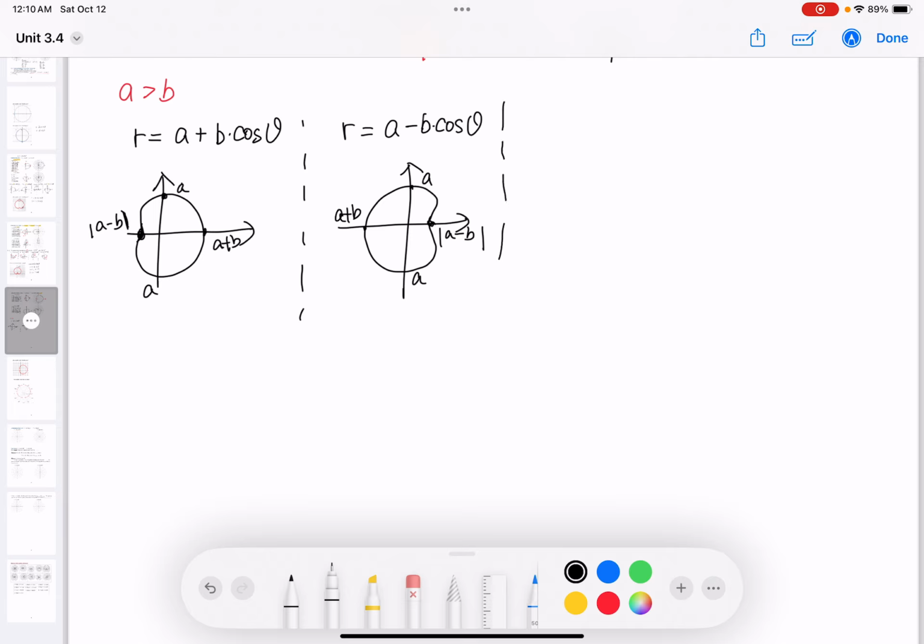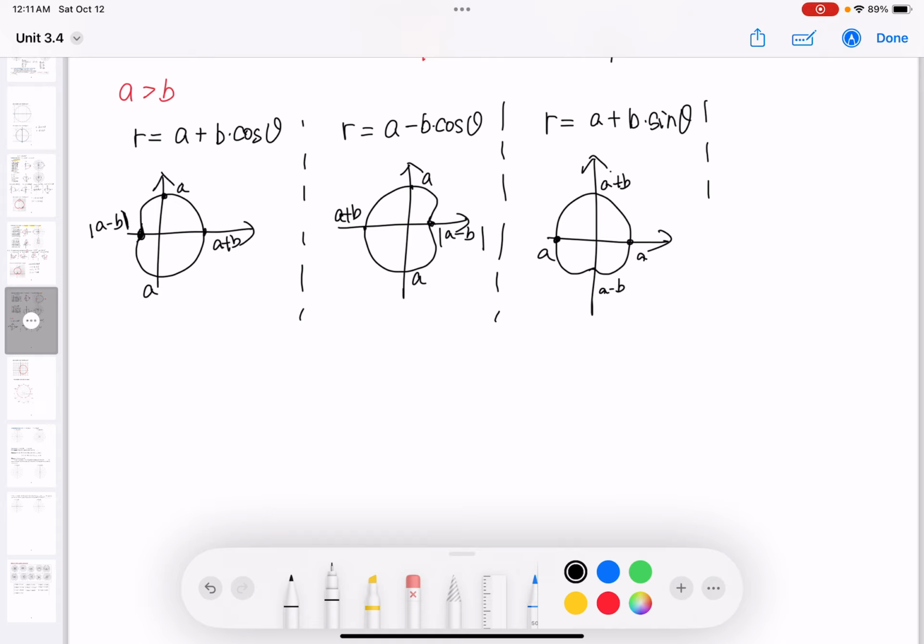And then let's see, r is equal to a plus b times sine theta. Now we change the sign. So we see sine is positive. That means I need to have my graph like this. And then the key points here and here are a minus b, and this is a plus b.